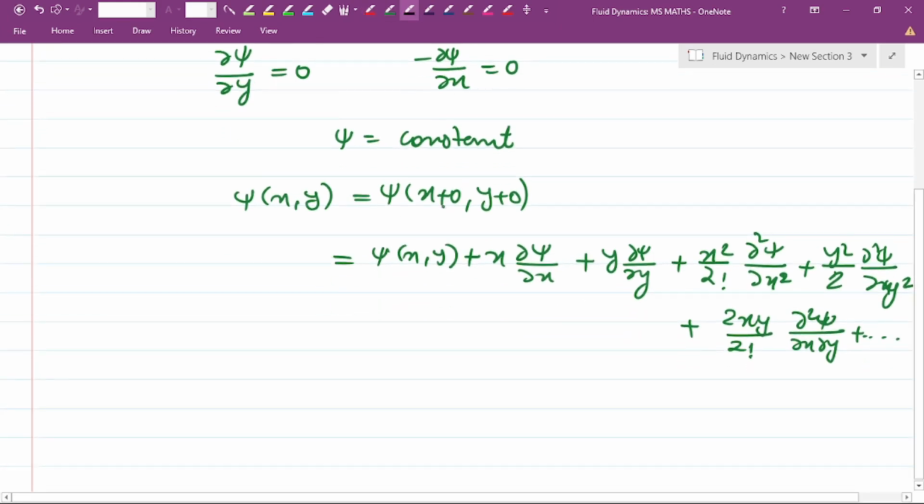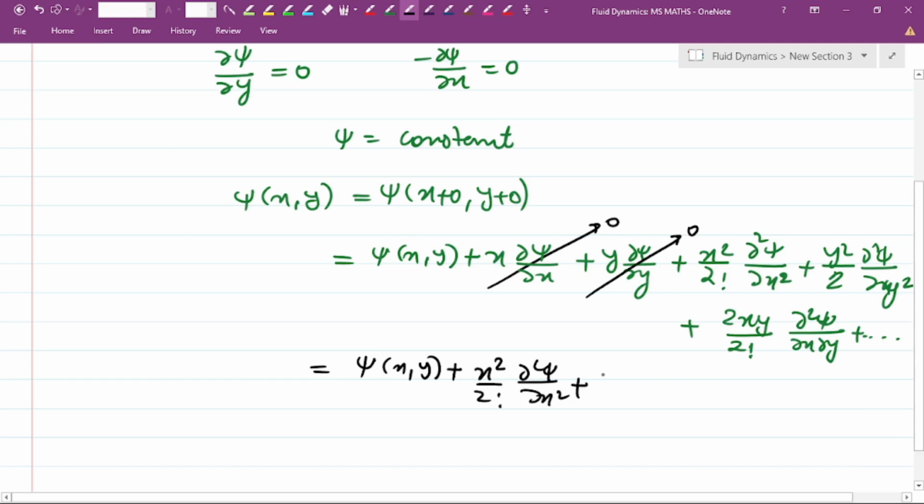Here, if my function is constant, then dou psi by dou x will be 0 and dou psi by dou y will be 0. It means this will be f of xy plus x square upon 2 factorial dou 2 psi by dou x square plus y square upon 2 factorial dou 2 psi by dou y square and so on.